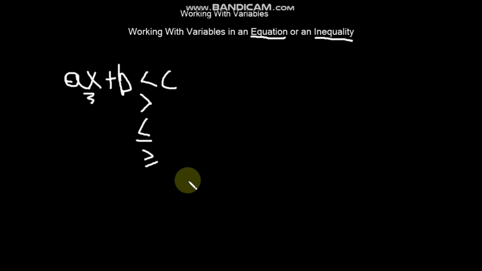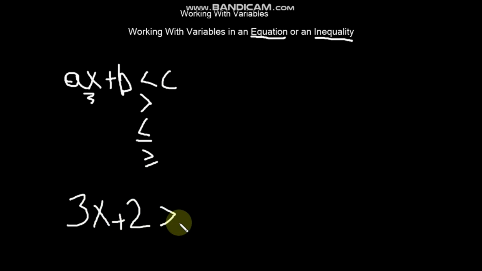So let me give you an example. For example, 3x plus 2 is greater than, let's say, 15. So our aim is to get x, making it greater than 15. So we use the same formulas in inequalities too. So 3x, we must get this term on the other side of this sign.